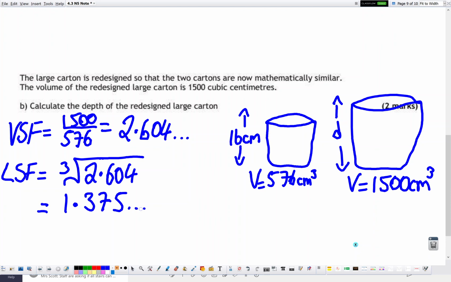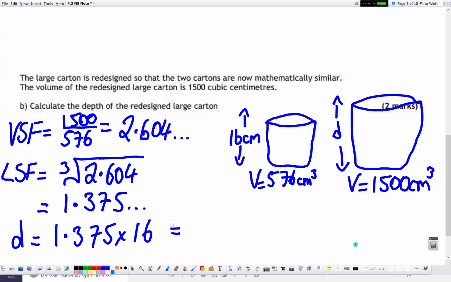Again, leave that number in your calculator, don't round it if you possibly can, so that it stays as accurate as possible. So that means the depth is increased by a factor of 1.375. So what is our new depth? D is quite simply this 1.375 multiplied by 16.